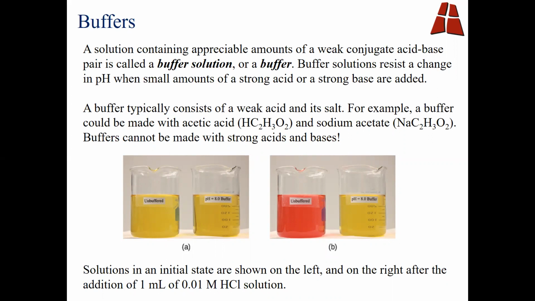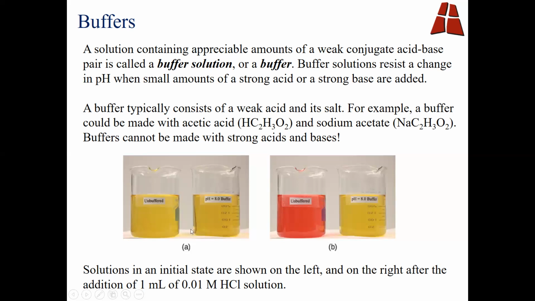Okay, and so an example that we're going to go through today that would be kind of the classic example of a buffer would be acetic acid. So that's this HC2H3O2 and sodium acetate, its conjugate base. When we have a mixture of those two, we would get an acetic acid acetate buffer, right? And so if we buffered a solution, and then in this example here, we have the addition of a small amount of, 1 milliliter of 0.01 molar HCl solution.